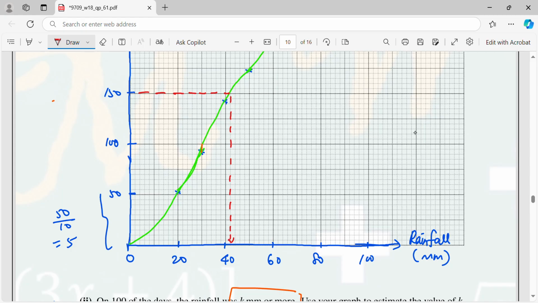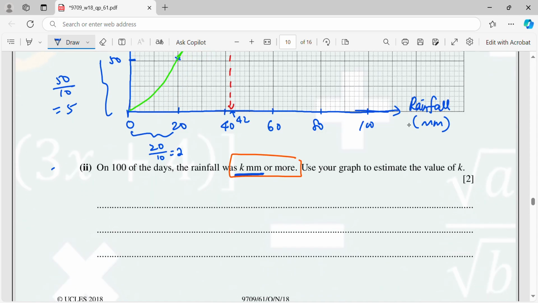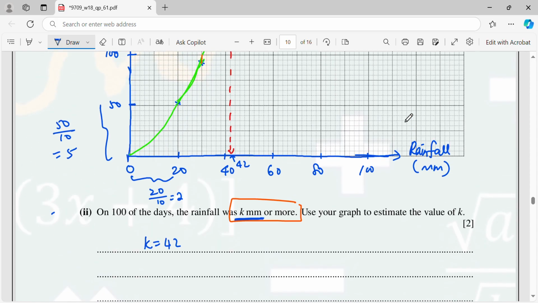That means now here, if you refer to the horizontal axis, 20 units for 10 squares, each unit is 2. Okay, that means now my value here is basically 42. Okay, so my K is 42. Right?